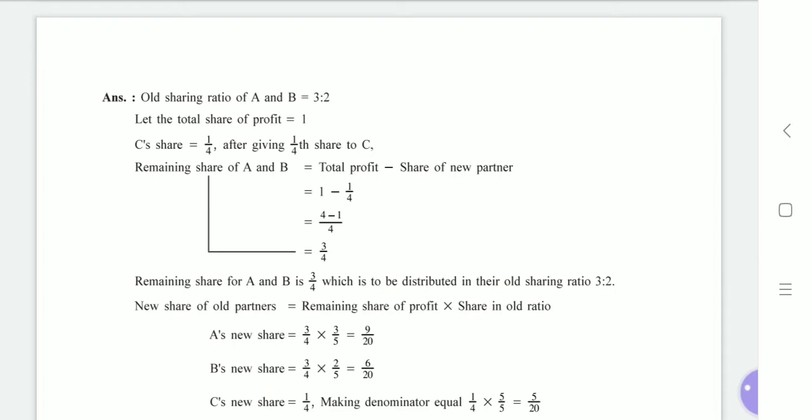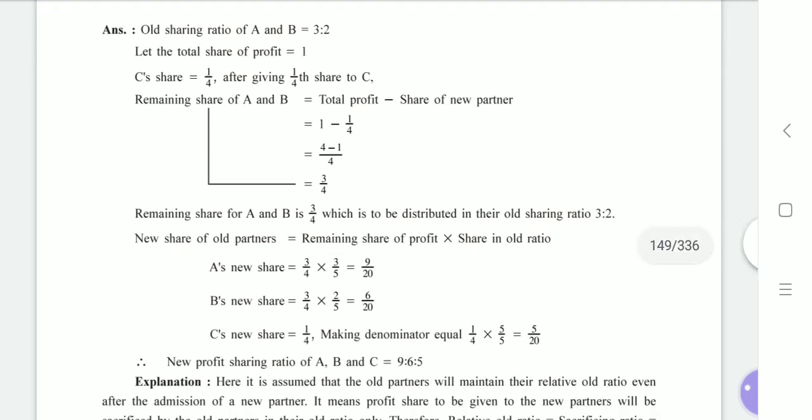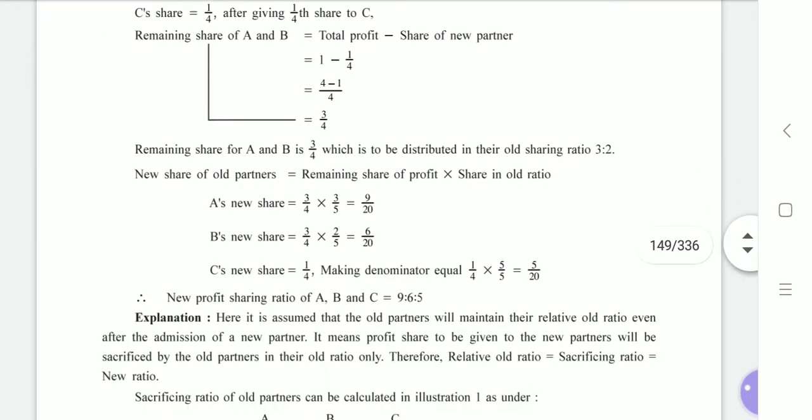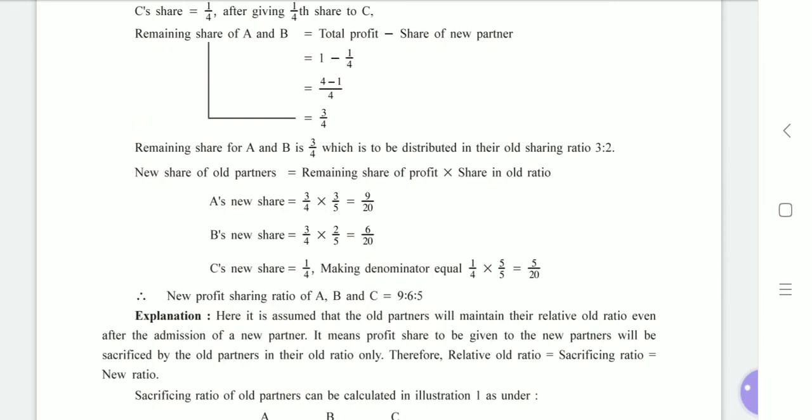So, after you give 1/4 share to C, obviously the remaining share belongs to the remaining partners, that is A and B, and the remaining share is 3/4. So the remaining share 3/4 will be distributed among A and B in their old sharing ratio.